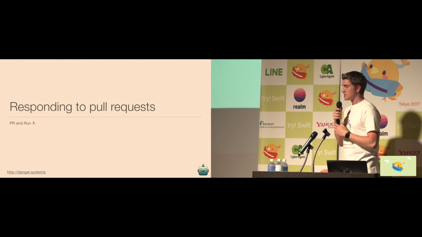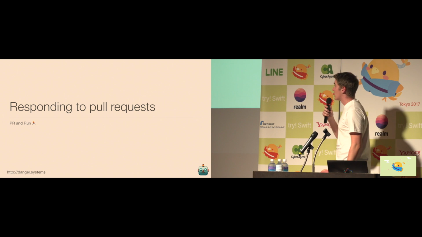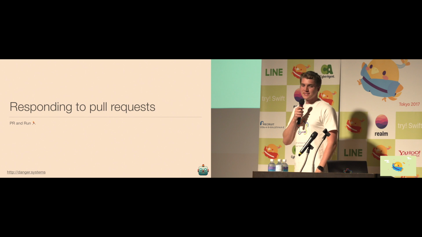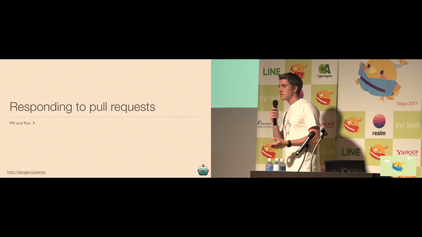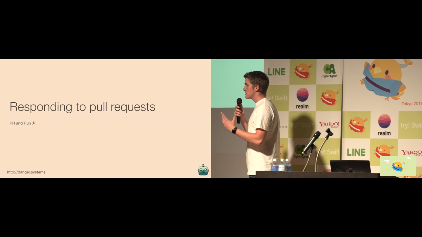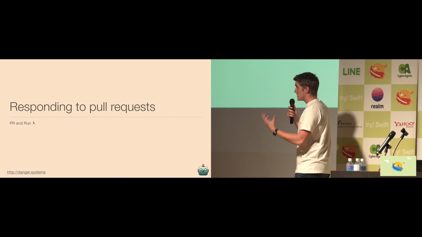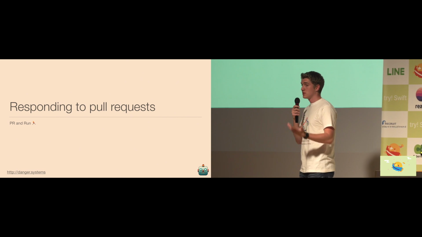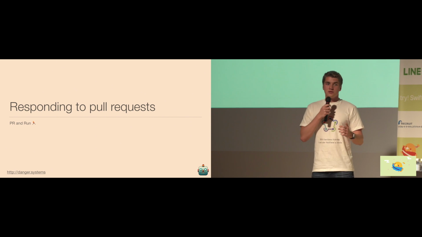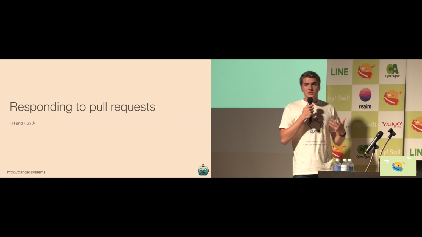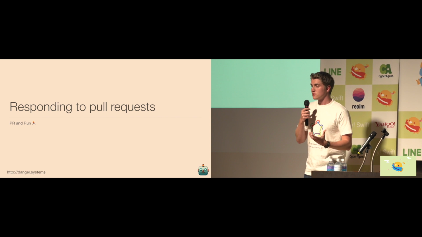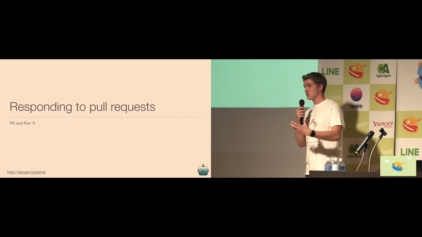Also, Danger can help with PR failures. This is an interesting thing you can see with many open source projects. Someone takes the time to submit a pull request, and in the end, the build fails, and the author doesn't update the pull request to fix the tests. The reason for that is that GitHub has no notification for when the tests fail.